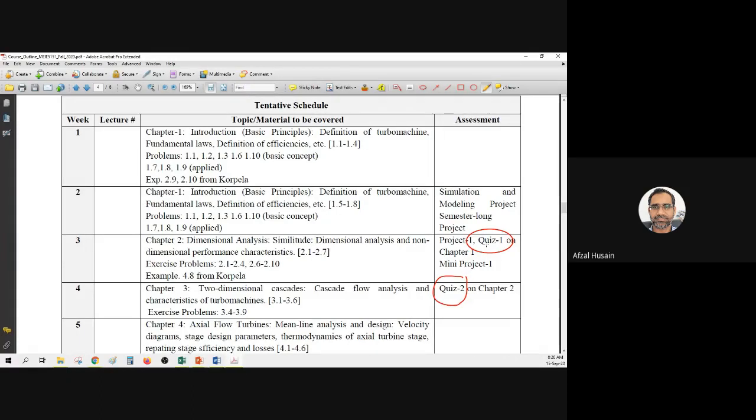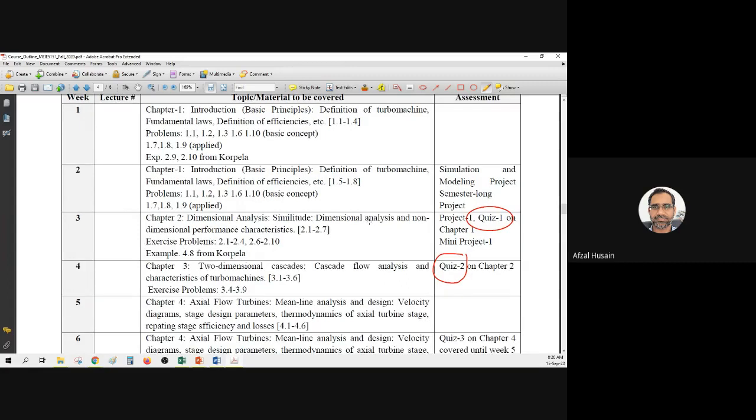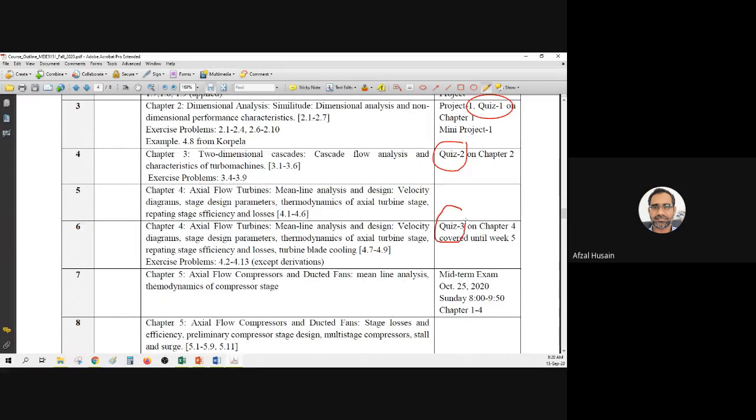So the quiz 1 will be on your chapter 1, and quiz 2 will be on your chapter 2 in week 4. And then we have quiz 3 on chapter 4, and this will be in week 6.